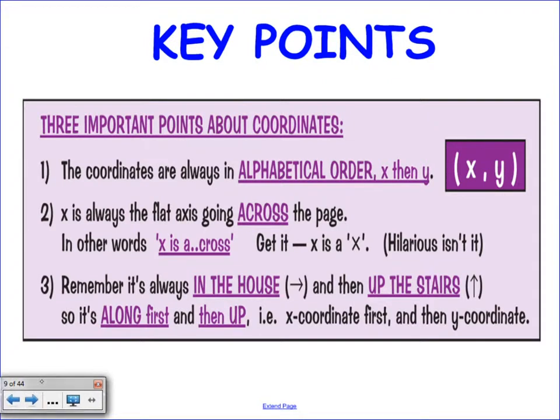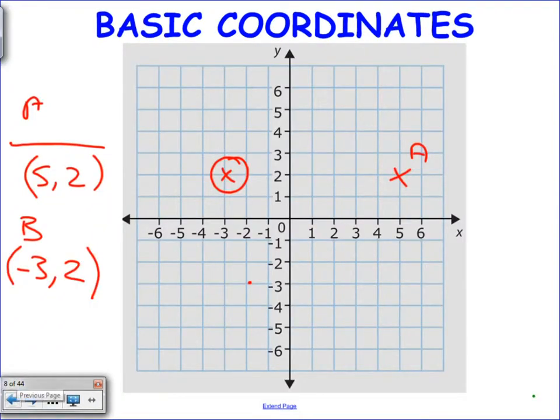There is one point that I haven't mentioned on that last one, something that they do talk about. This point in the middle, what's the coordinates for it? 0, 0. It's a very special one because it's the only thing on there that's got a name. Do you know what you call that? It's the origin.